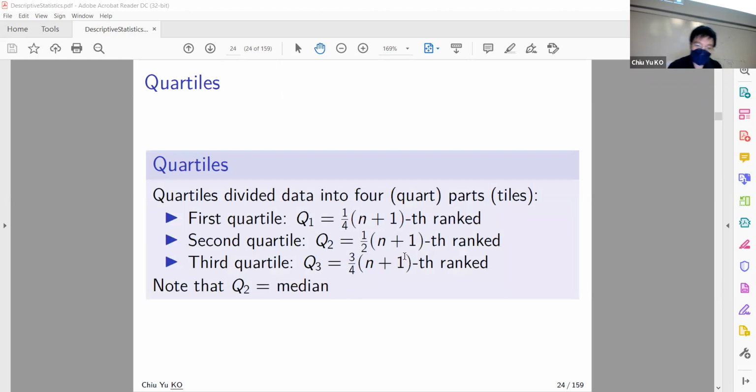So quartiles. Remember the tiles, right? With quartiles, the data will be divided into 4 parts. And then we learned that this is the range, and the interquartile range is this one.